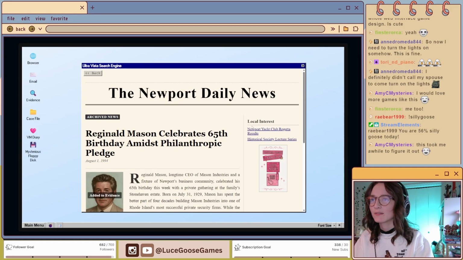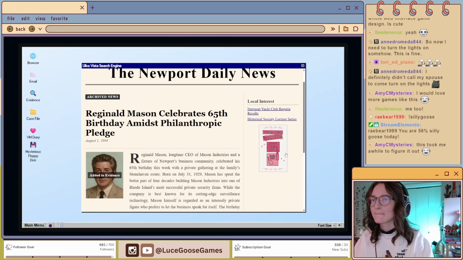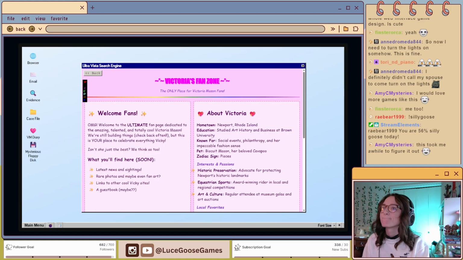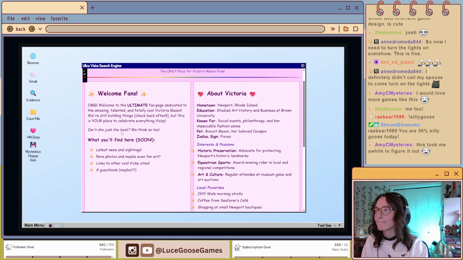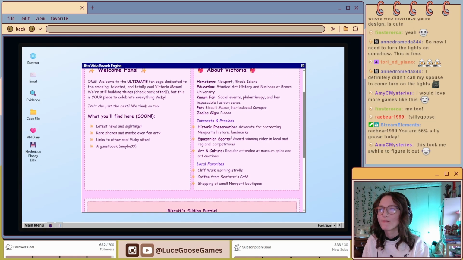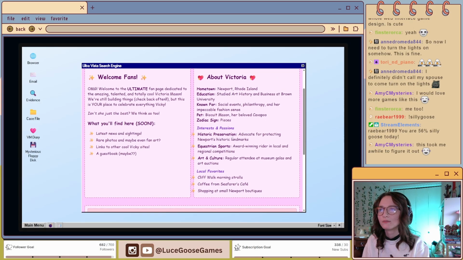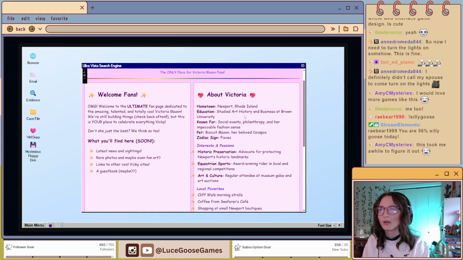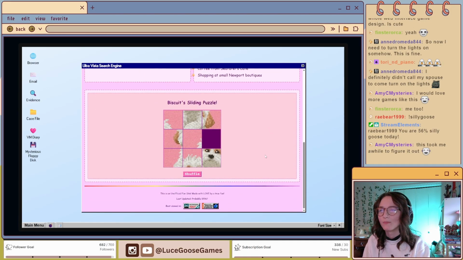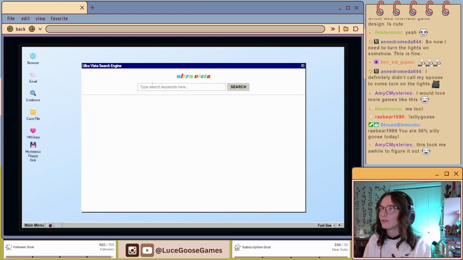Did I look at this? I can't look at that. Okay. Cliff Walk. We could look that up. Brown University. We could look that up. Okay, Cliff Walk and Brown University.